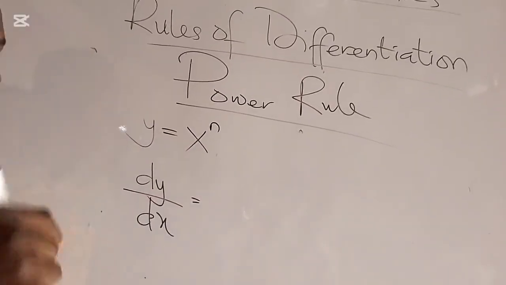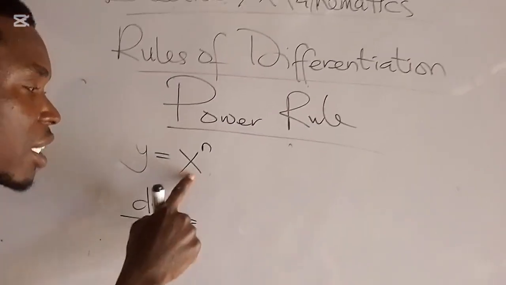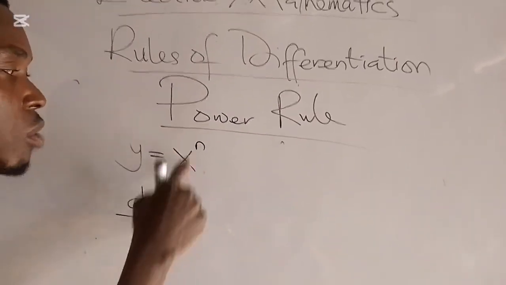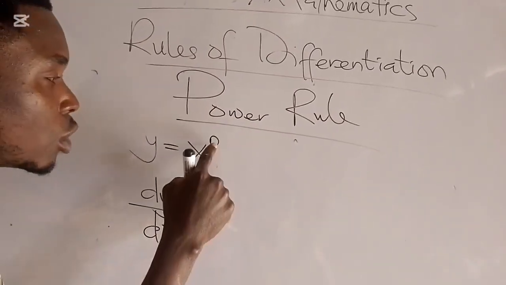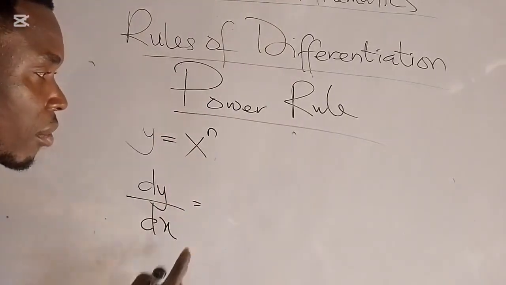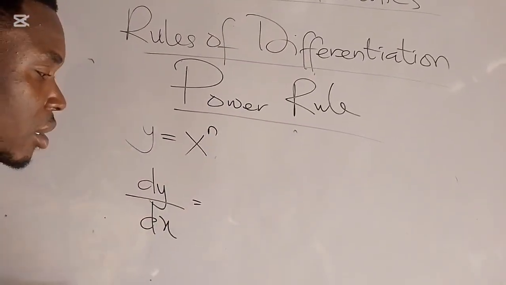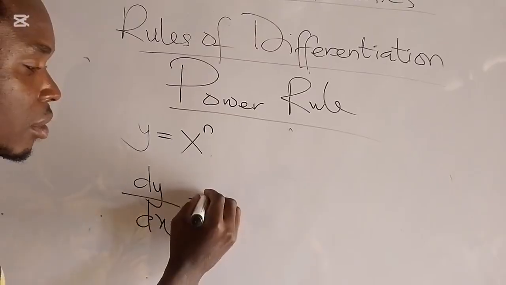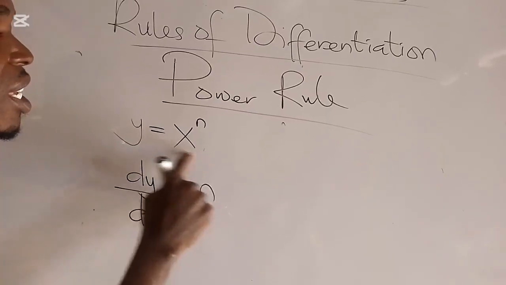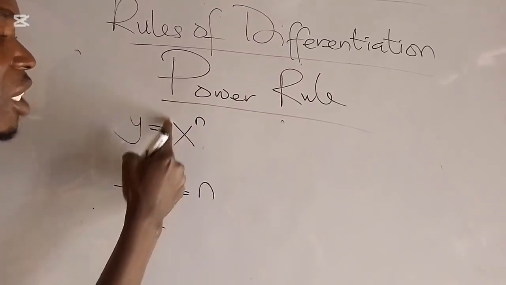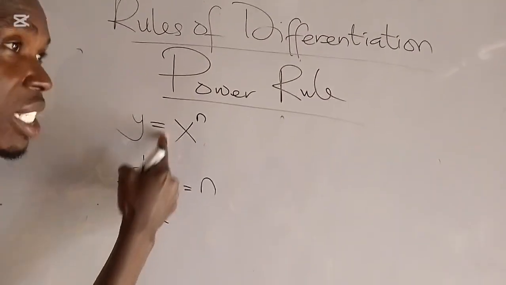So the power rule says that if we have an equation like x exponent n, what we are going to do is drop the n. You know that every variable has a coefficient of 1, but it won't be written here.